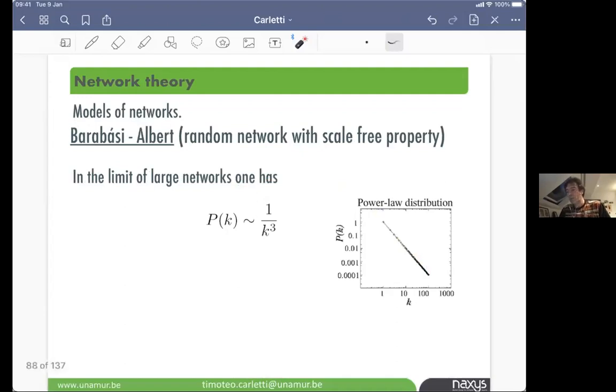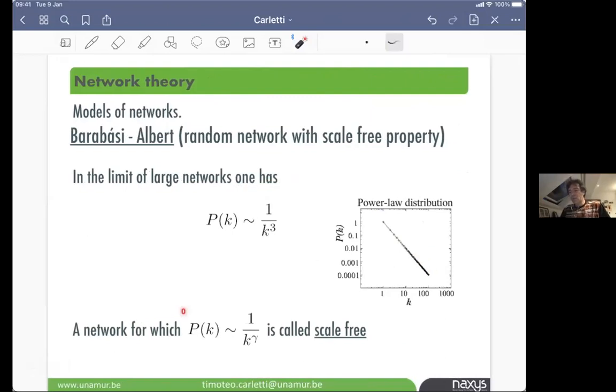Okay. One can generalize this behavior where you now put p_k as just 1 over k to the gamma. The gamma is a positive parameter. It is called scale free. Scale free because there is no embedded scale in the network as in the case of the Erdős-Rényi, where the scale is the average degree.